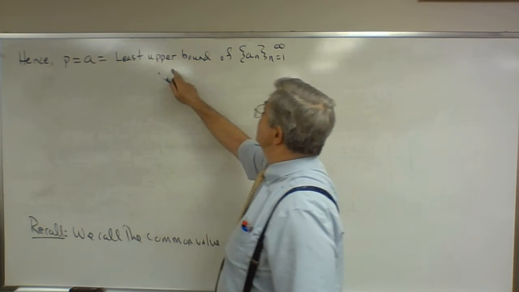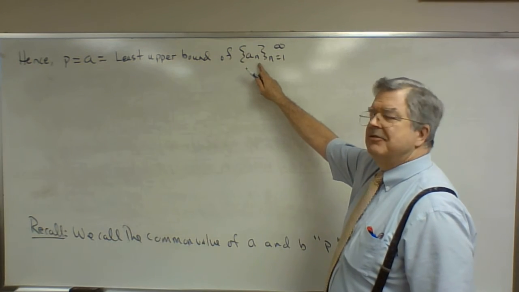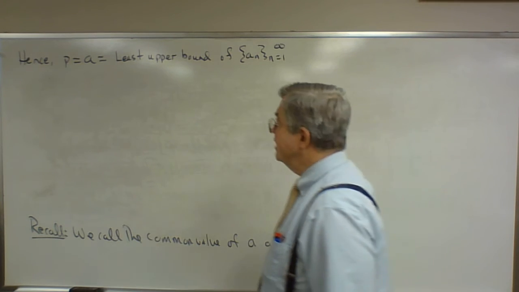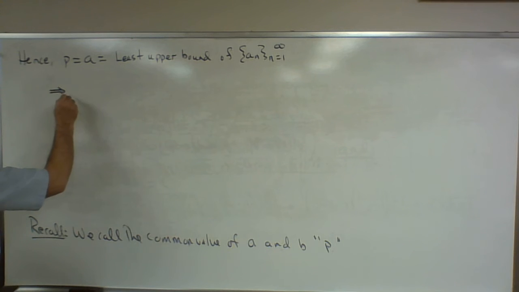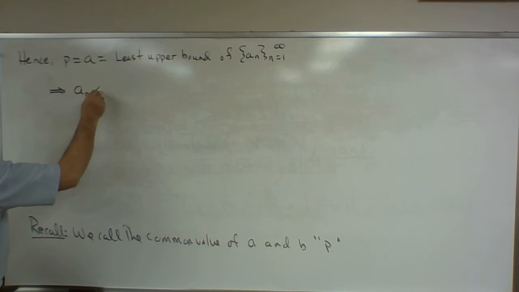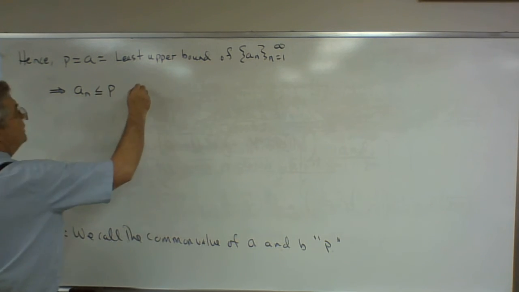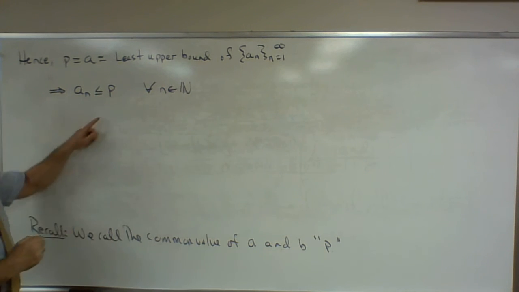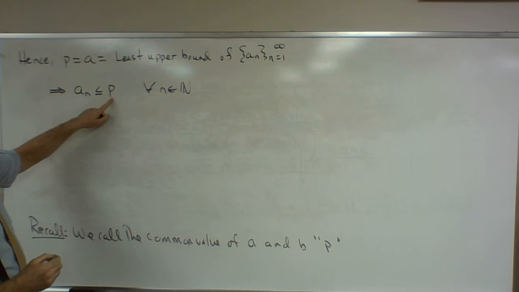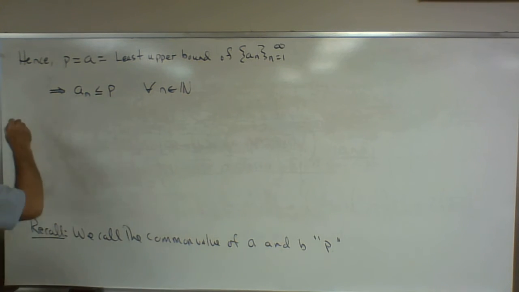A was the least upper bound of this sequence a sub n. So that means that a sub n is less than or equal to p for all natural numbers n, because p is the least upper bound of a sub n. And we can also reason the same way with b.